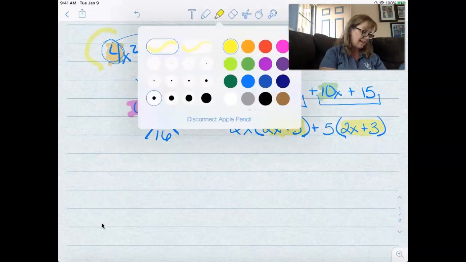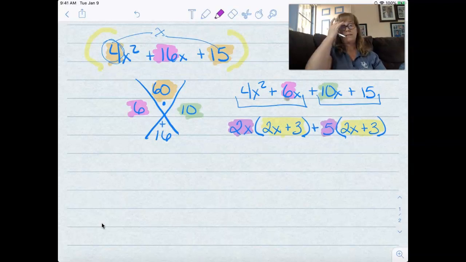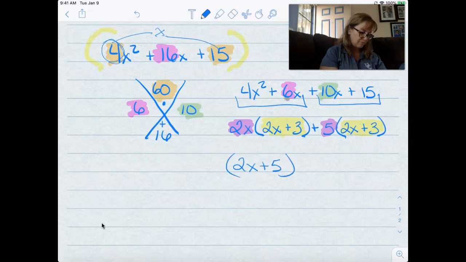Now, the other factor is made up from this number that was the greatest common factor of the first set and this number that was the greatest common factor of the second set. And so your factors then would be 2x plus 5, just bring that down there and that down here, times 2x plus 3.